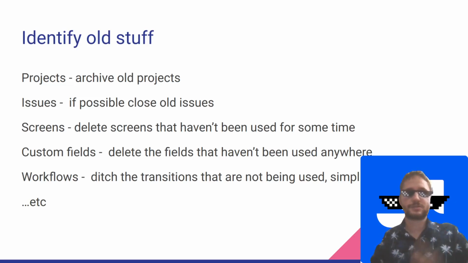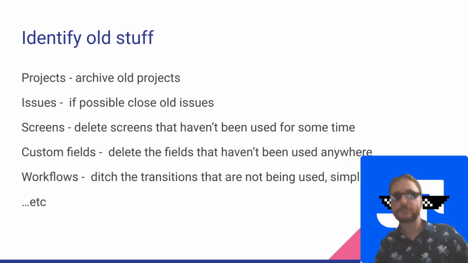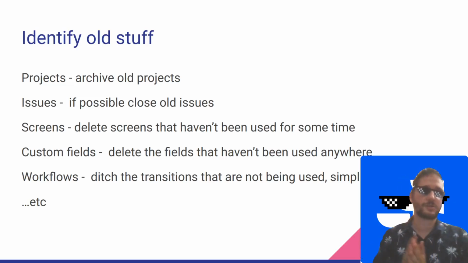Screens, delete screens that haven't been used for some time. Really, just delete them. Make a screen test, right? If someone says, oh, where's this screen that I had, you can easily bring it back. You can say we're doing the cleanup process, but I will also come to the communication part with your stakeholders as well.